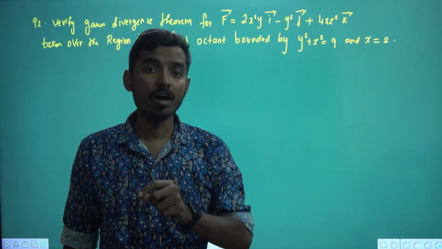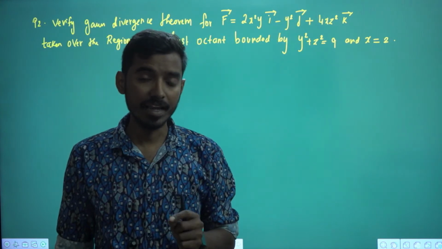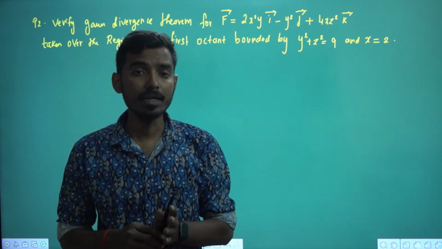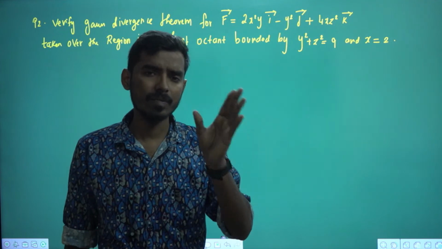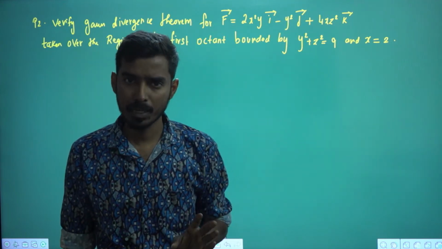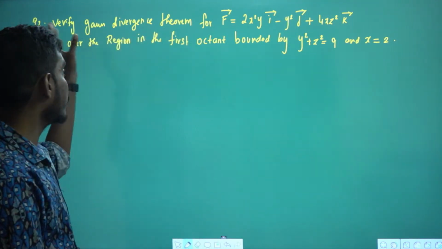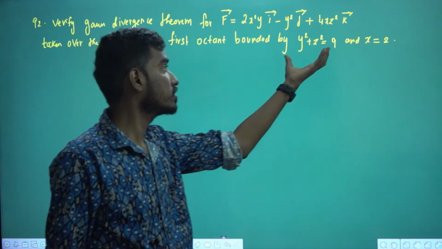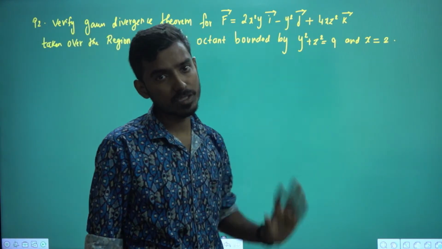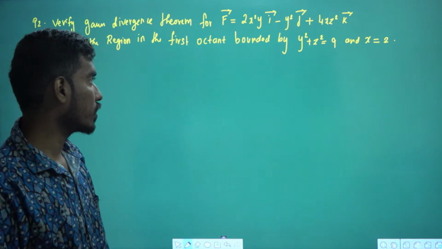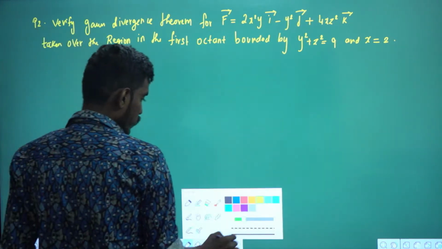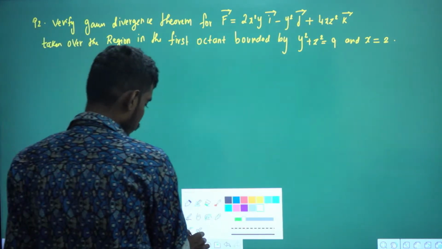In 3D, you will say octant. So here we have 8 octants. In the first octant, x is positive, y is positive, z is positive. So we need to verify the Gauss divergence theorem for this solid in the first octant. Okay, so we'll do this. Very, very interesting problem.